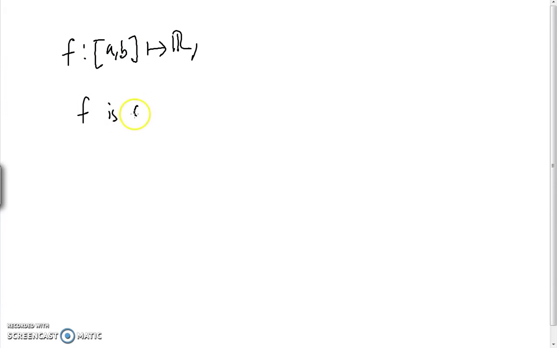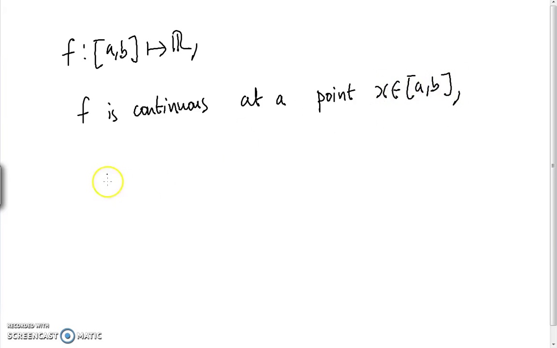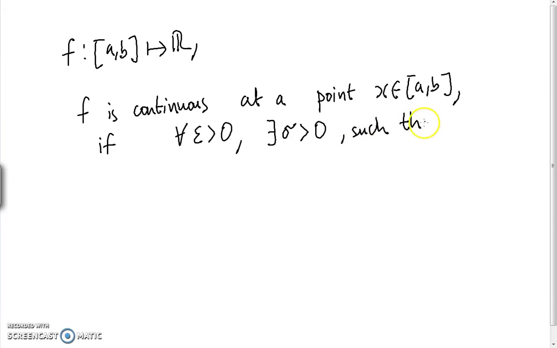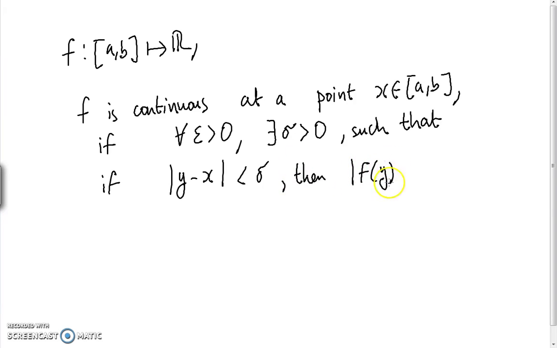We say f is continuous at a point, let's call it x, in this interval AB where it's defined, if for all epsilon greater than 0, there exists a delta greater than 0 such that if the distance between y and x is less than delta, then the distance between f of y and f of x is less than epsilon.